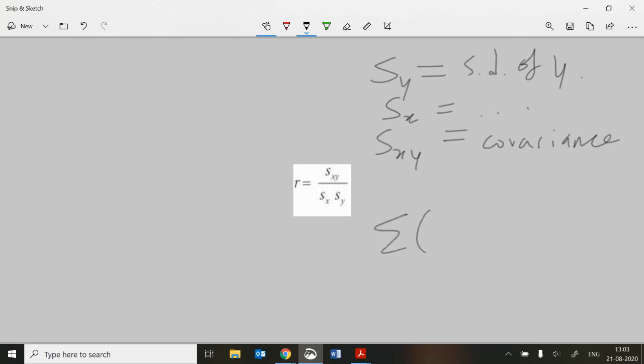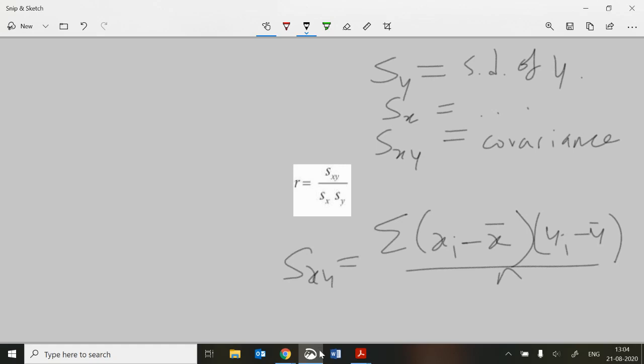I'm maybe not going to be able to give full explanations for this, but it's saying we're going to do the sum of xi minus x bar, and then times that by, now instead of squaring it, yi minus y bar. And then you're going to divide by n. So that's your covariance here. This is going to be your SxY.